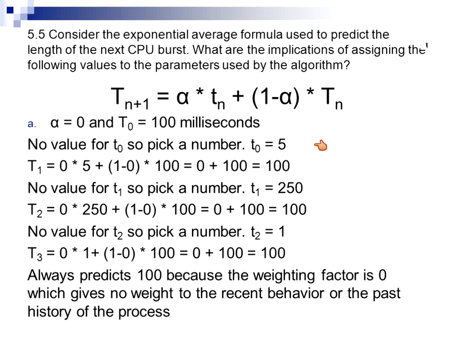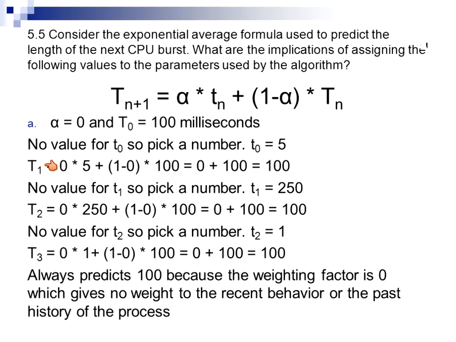I said, okay, I'm going to pretend that my initial CPU burst was 5. So then I simply went through the calculation and I said, okay, I'm going to substitute in for T sub 0 or tau sub 0, which would be T sub n in this part of the equation, and I'm trying to calculate tau sub 1.